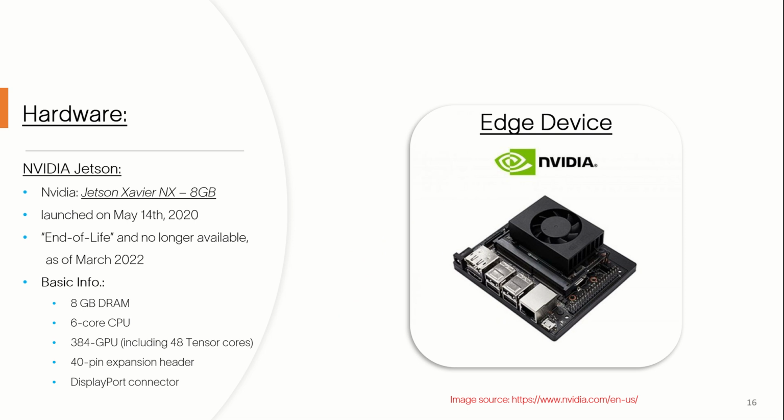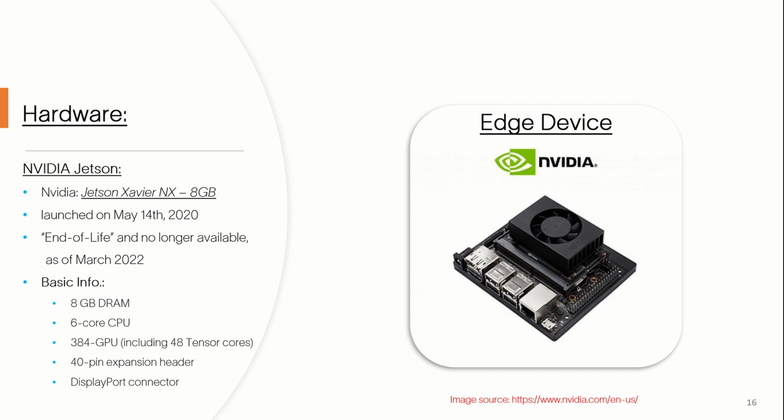Finally, we discuss the hardware. We implemented using an NVIDIA Jetson device. We use the Jetson Xavier NX, which is 8 GB and launched in May 2014, but it is already end of life, in 2022. It's the minimum hardware which I believe NVIDIA is providing for edge computing.